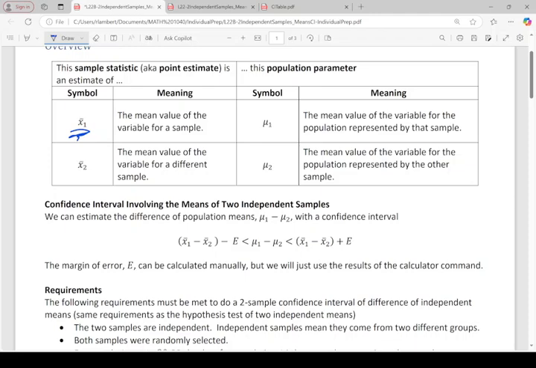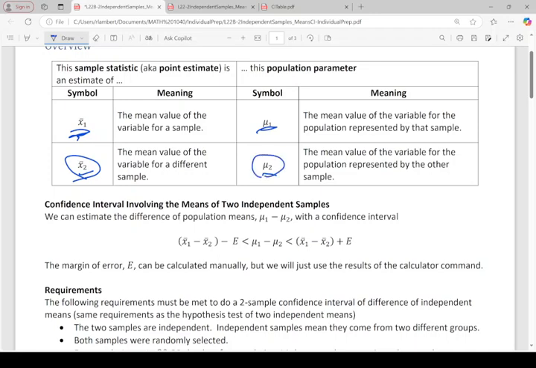So it's the mean value of the variable for one of the samples, and it's an estimate of mu1, which is the mean value of the variable for the entire population that the sample represents. We also have x bar 2 and mu2, which is the sample mean for the same variable for a different sample, which represents the population mean of the variable for the other sample.